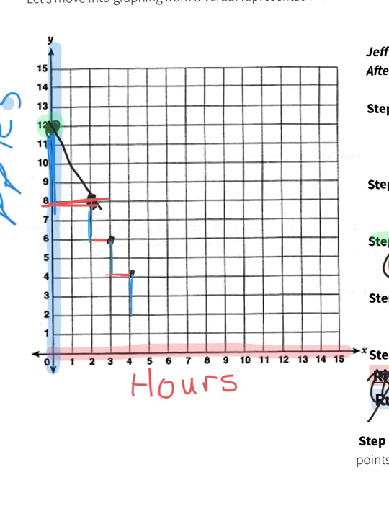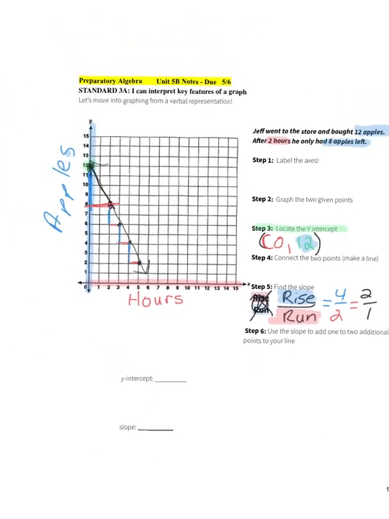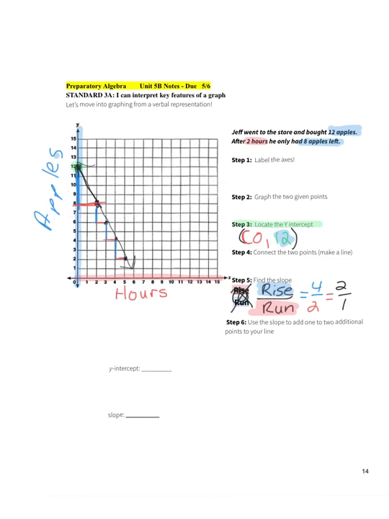Down 2, over 1. That would be another point on the graph. All right, and then the slope of the line continued, the slope is a straight line. It's a consistent rate of change. It is proportional. So all these dots should connect to make a straight line. And that is how you add additional points to a line when you are given the slope.